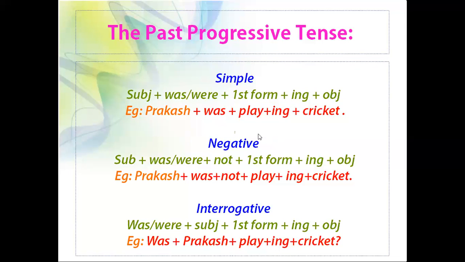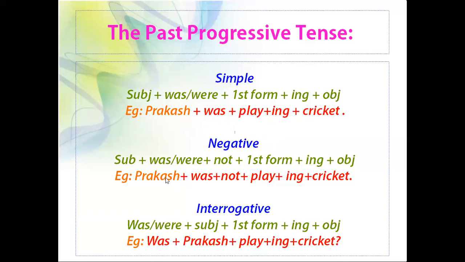Students, please listen carefully. Again and again, I am explaining the structure. So please be cautious, be motivated and be interested in class. In negative: subject plus was or were plus not plus first form plus ing plus object.